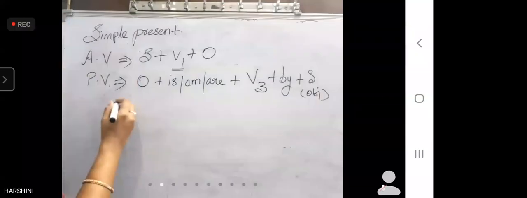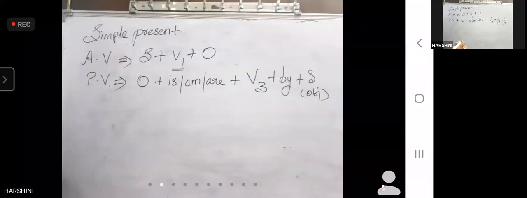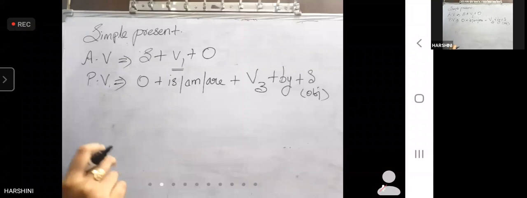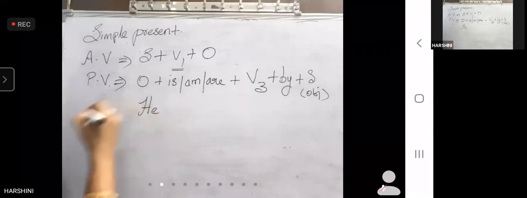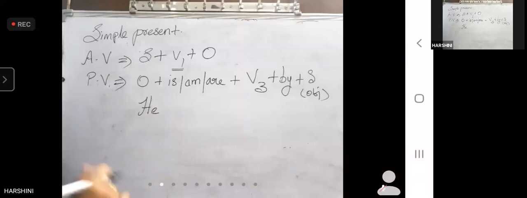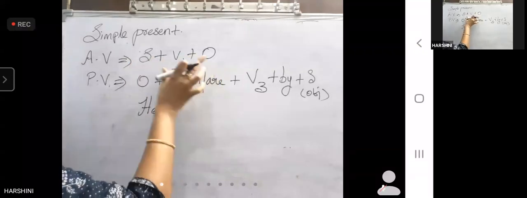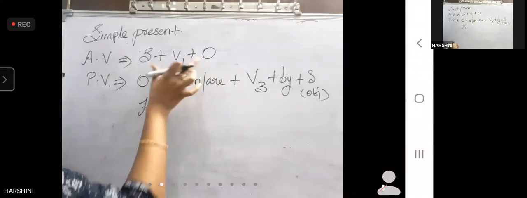Okay. Tell me one example with the word fill. I want a sentence of active voice in simple present tense with fill.